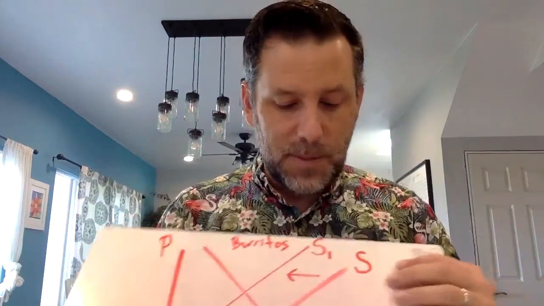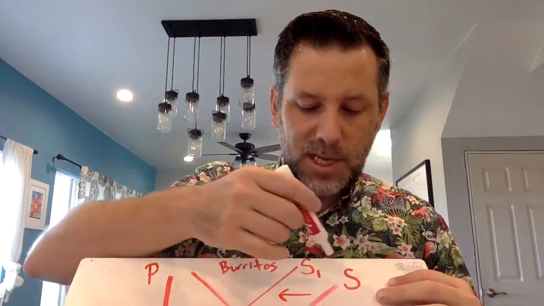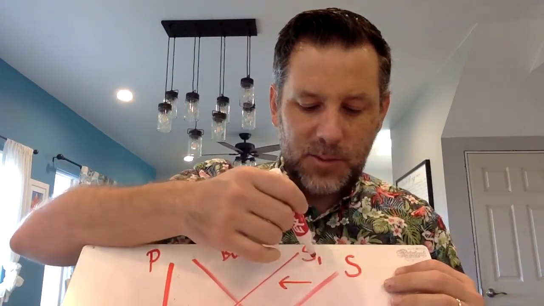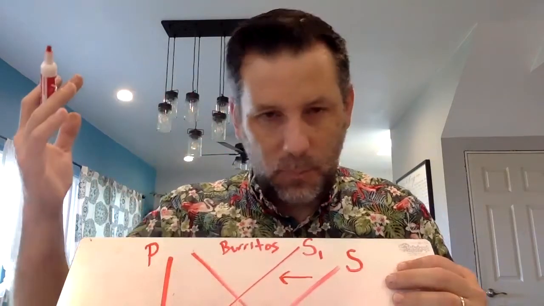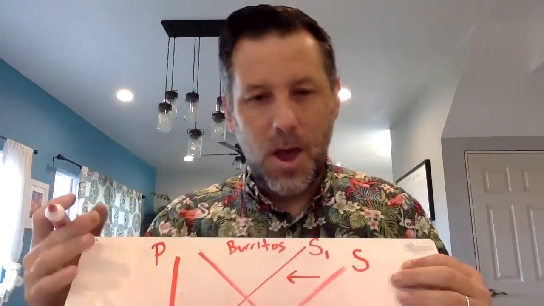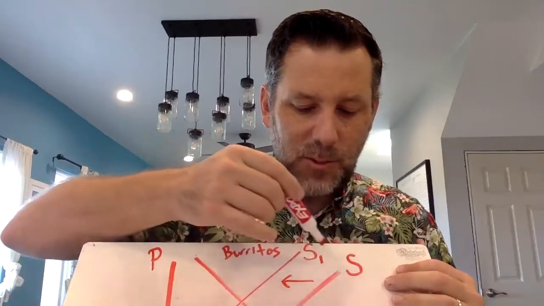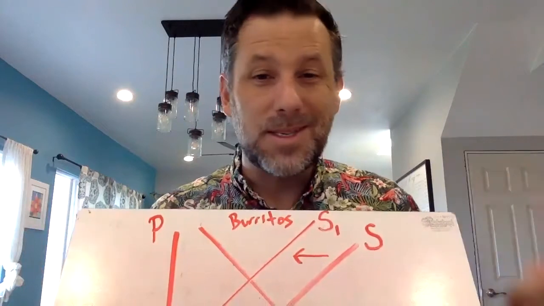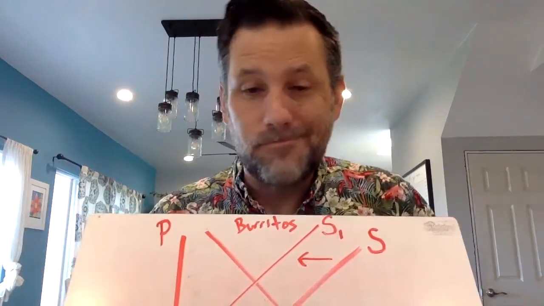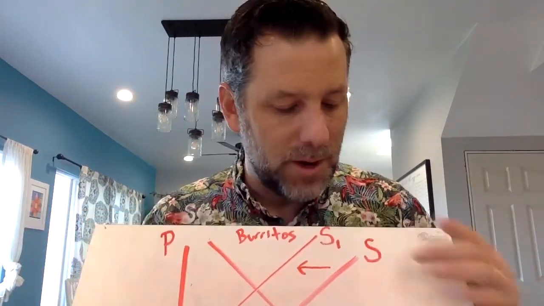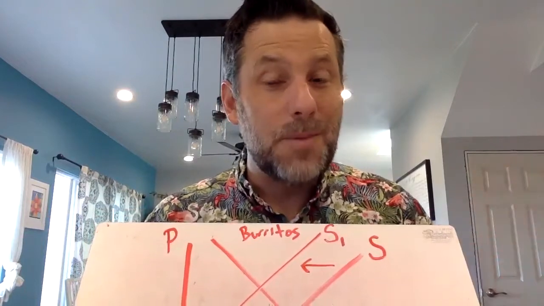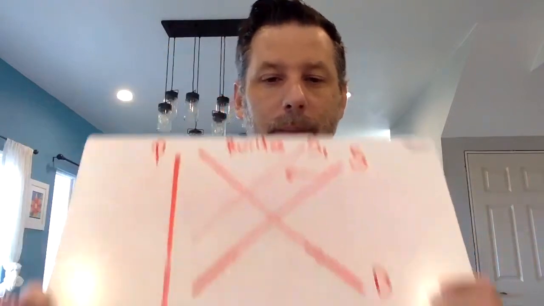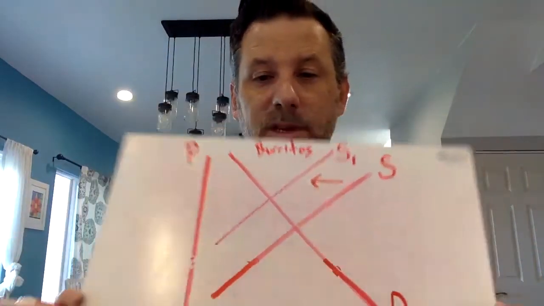It wouldn't make sense if you labeled this one SA and then the new one S1, because I wouldn't know what comes first, A or 1. Or if you labeled this one S2 and the new one S1, that would be totally backwards. So as long as it's logical and somebody else can read it, it doesn't really matter what your notation is. On the AP test, sometimes they'll even tell you what to do. So there you go, supply shifting to the left.